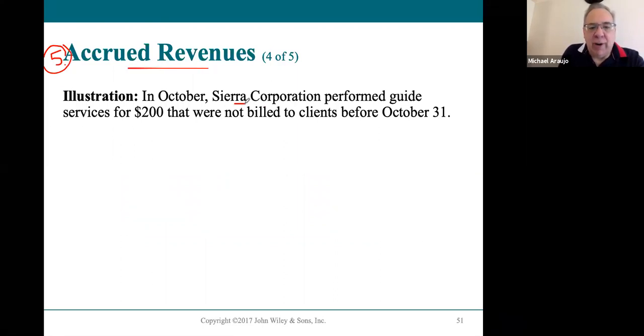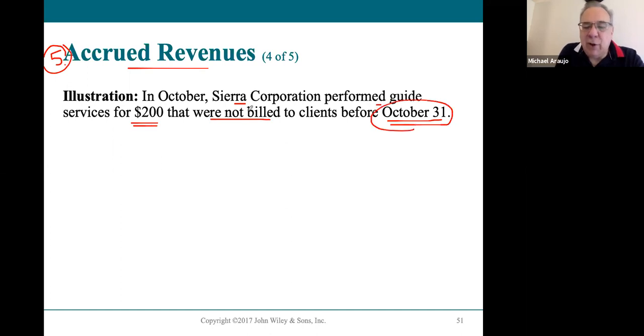So Sierra Corporation performed guided services for $200 that have not been billed yet on October the 31st. So if it happened on October the 31st, then this revenue needs to be on the income statement for October. That's basically the bottom line. This revenue has to be part of the income statement in October.